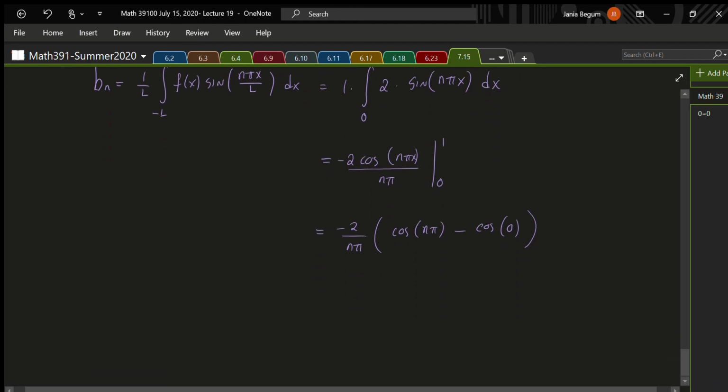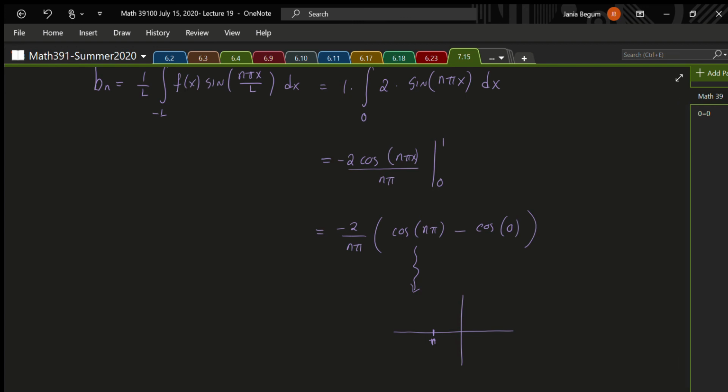So let's simplify that. So check this out, guys. If n is 1, we are right here. We're looking at pi. What is cosine of pi? So negative 1, right? And then what is cosine of 2 pi? Right. And then what's cosine of 3 pi?